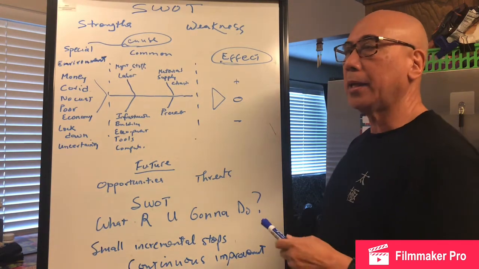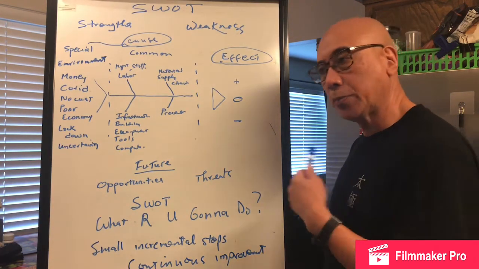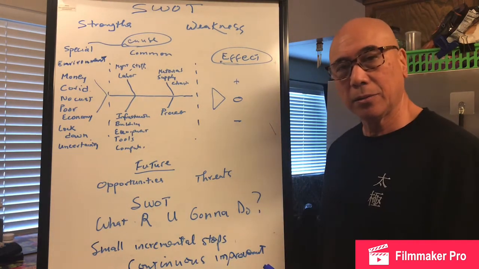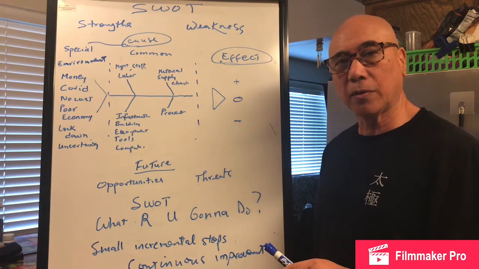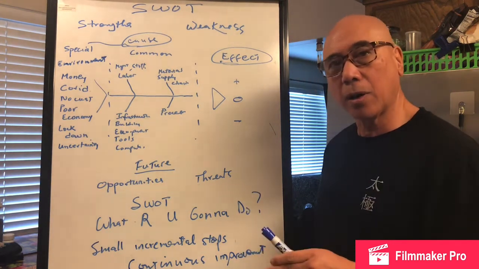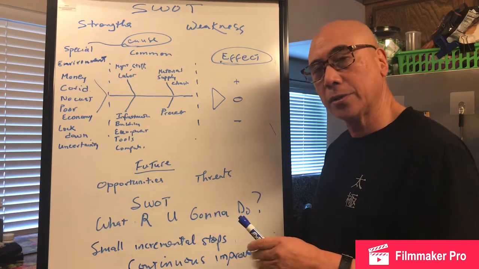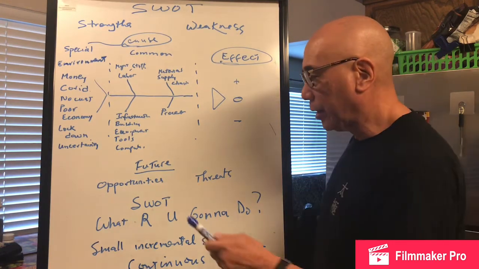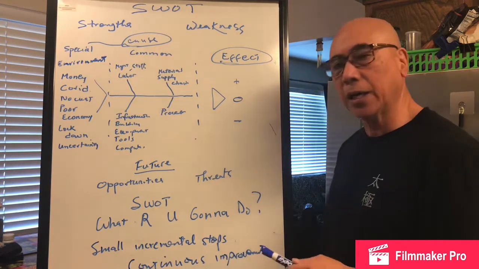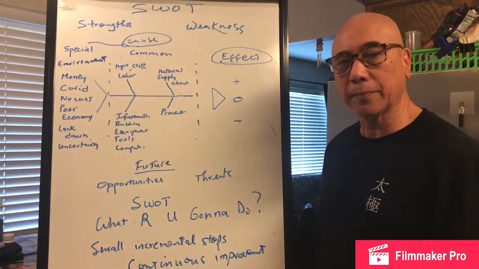As a Kaizen Sensei, my specialty is continuous improvement, despite the obstacles that you are facing. Realizing that some are worse off than others, you still have the opportunity of taking small incremental steps of continuous improvement.